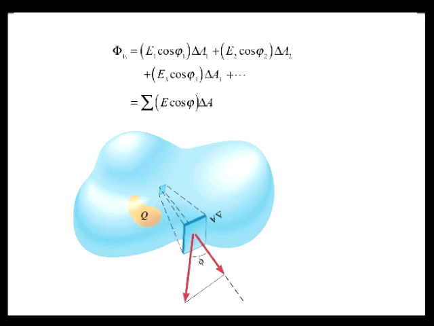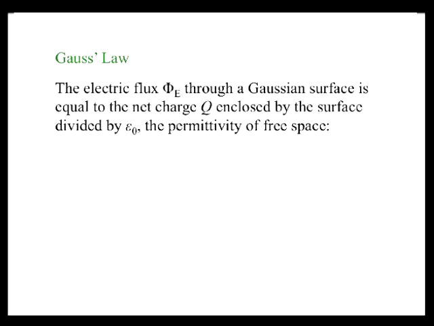Now that we have an expression for the total flux through an arbitrary Gaussian surface with an arbitrary charge distribution, we can write the general form of Gauss's law as follows. The electric flux phi E through a Gaussian surface is equal to the net charge Q enclosed by the surface divided by epsilon 0, the permittivity of free space.